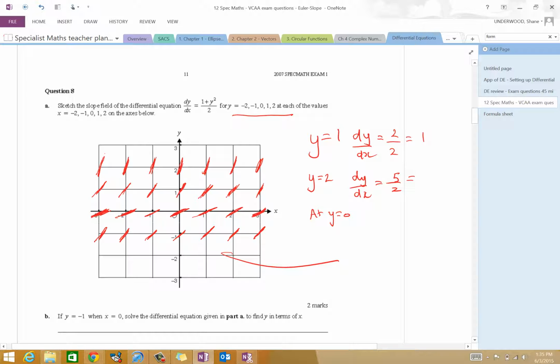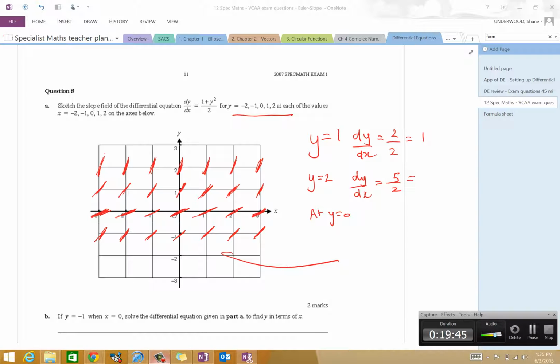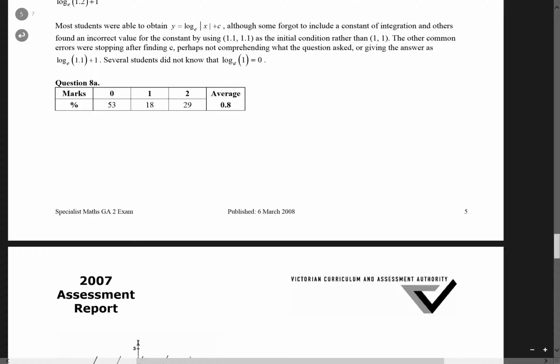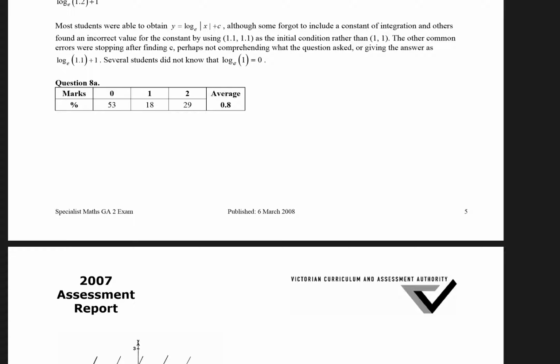Now I'm going to pause it because we're going to go to the 2007 exam. Just letting you know that for that question that you claim was really easy, a bunch of lines, 53% of students got 0 marks.